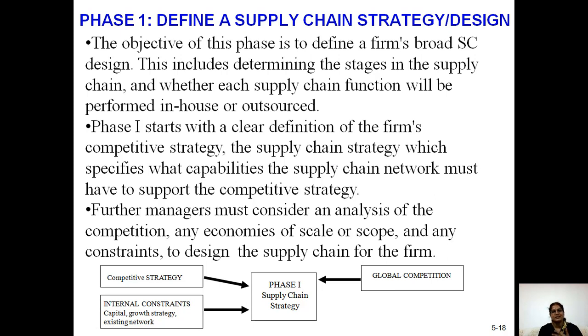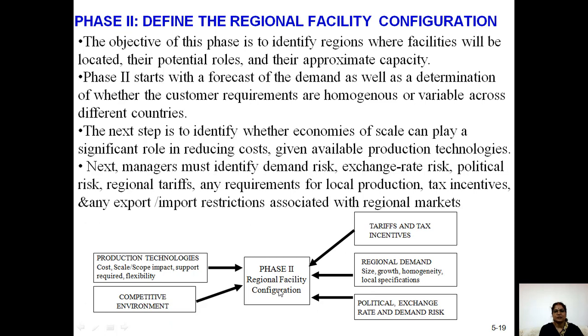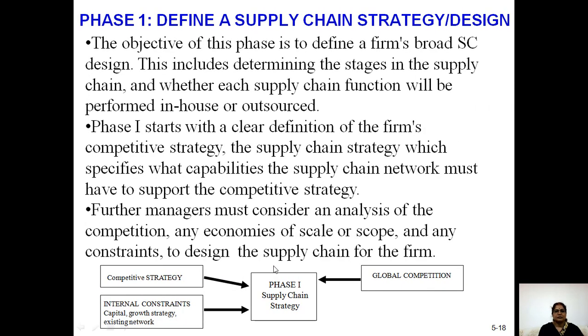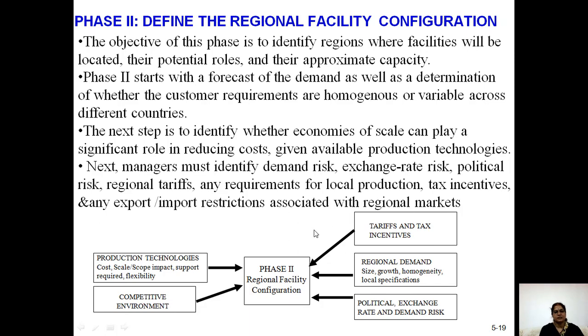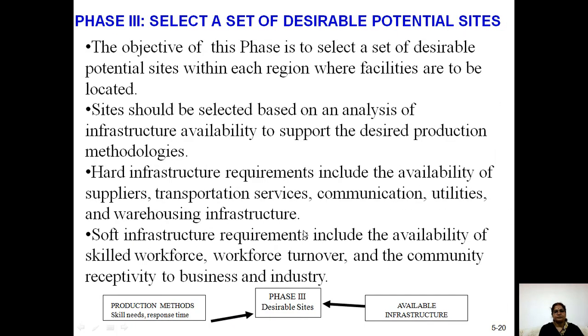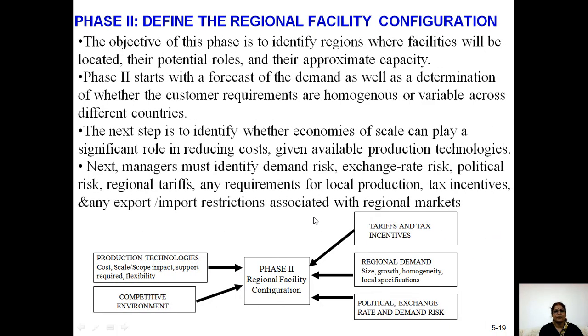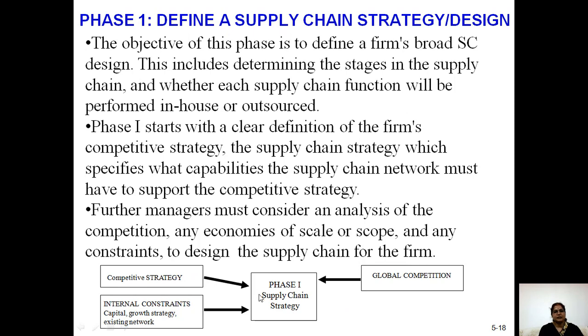There should be strategic fit to move towards excellence. Further, once supply chain strategy is also set, managers should consider the other constraints and whether there is any scope for economy of scale, that is lowering the costs. All those things have to be seen in phase 1.